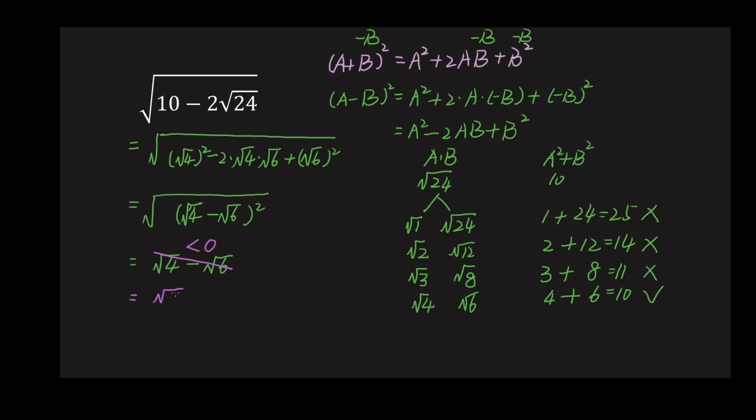That is square root 6 minus square root 4. And we should notice that this is not sufficient to simplify, and this answer should be square root 6 minus 2. And this is the final answer.